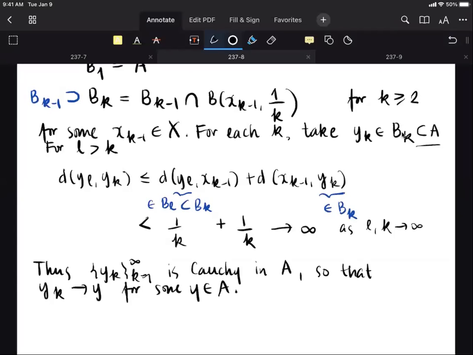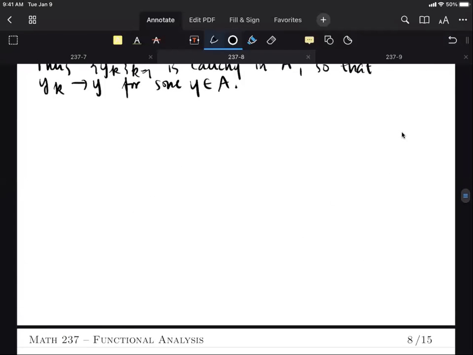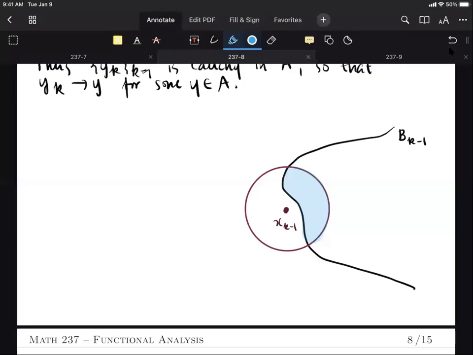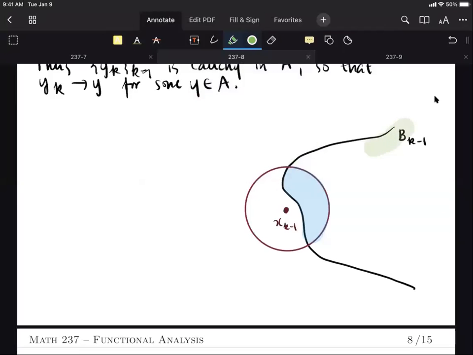So to have an idea, let us consider the following figure. Consider this set B_{k-1}, in particular this region here as your B_{k-1}.